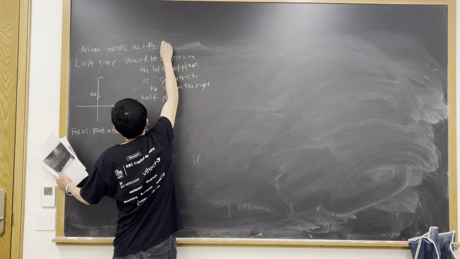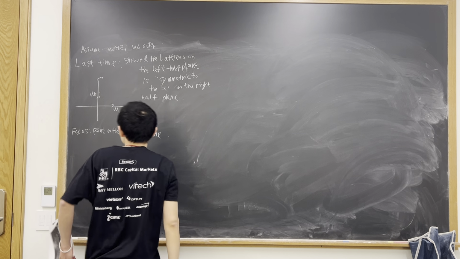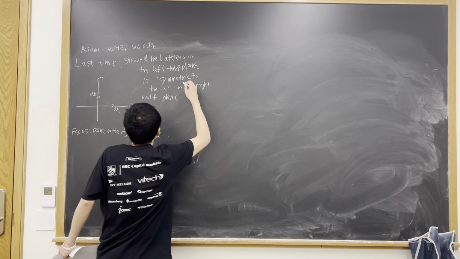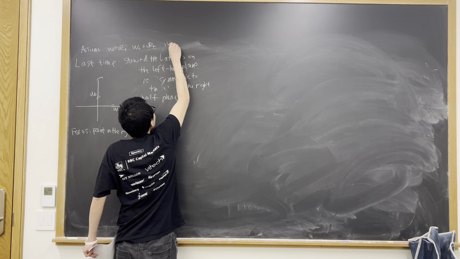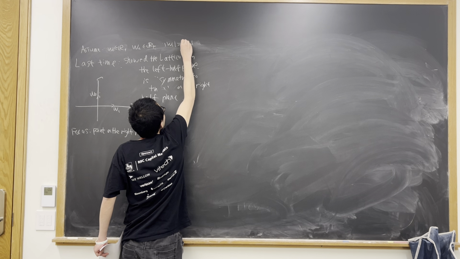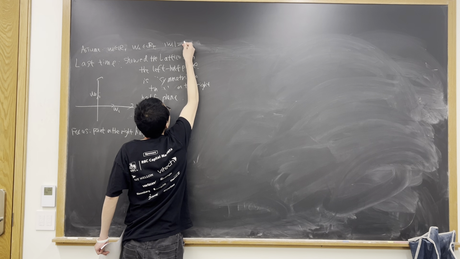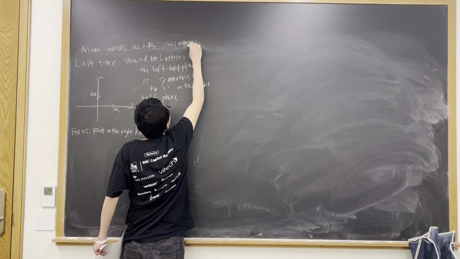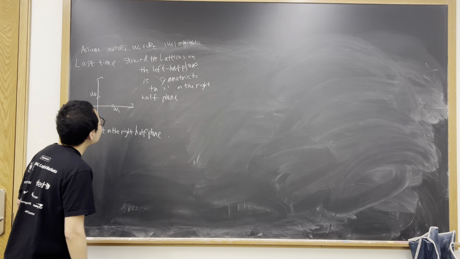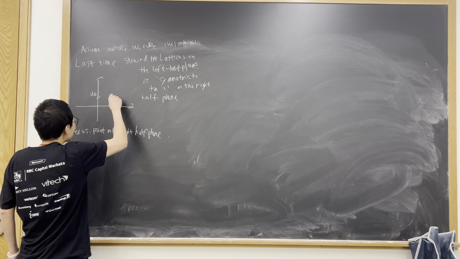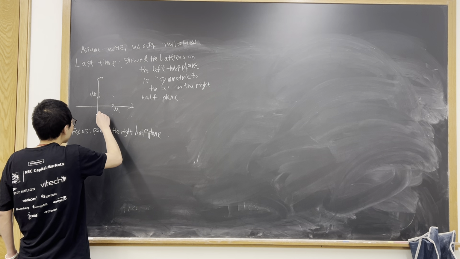And modulus of omega 1 is bigger than modulus of omega 2. So modulus of omega 1 is equal to modulus of omega 2 times some constant, let's say k. Okay. So we focus on the lattices on the right half plane.